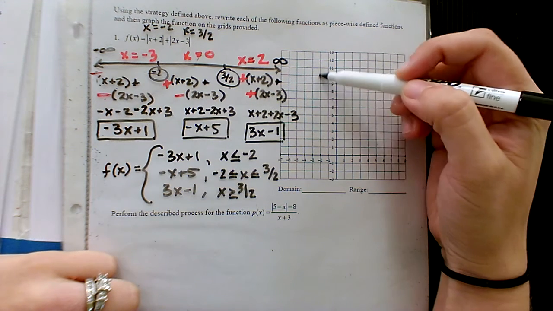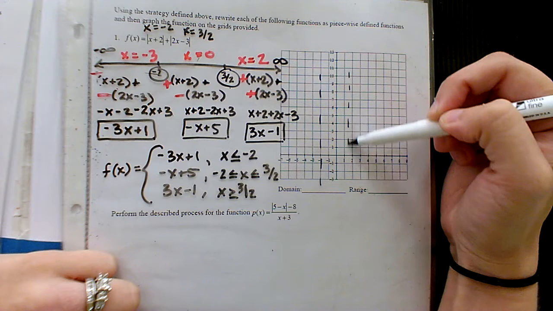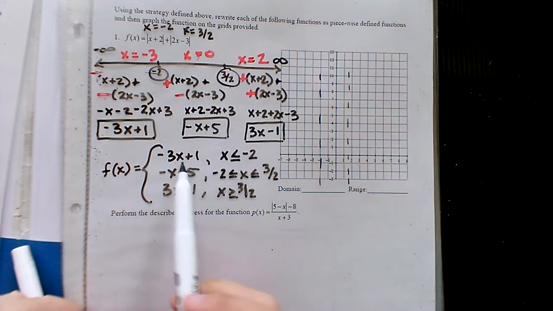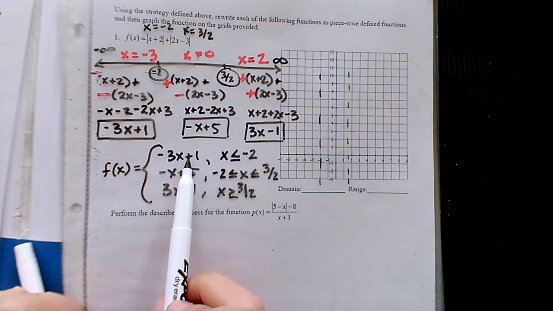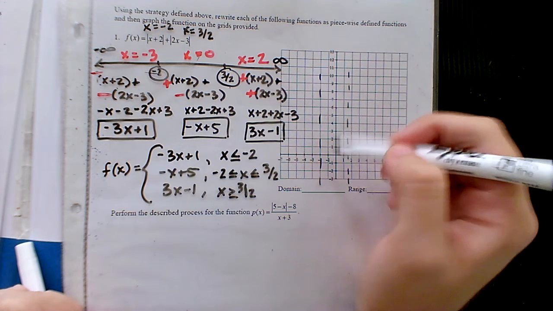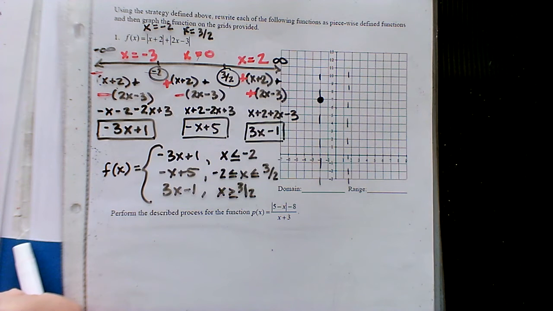It looks like our barriers are at -2 and 1.5. Let's see, so our first line, if we plug in -2, we'll get 6 plus 1, which is 7. So we can throw in that closed circle.